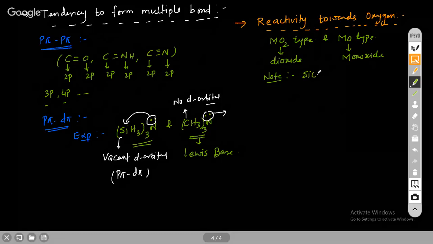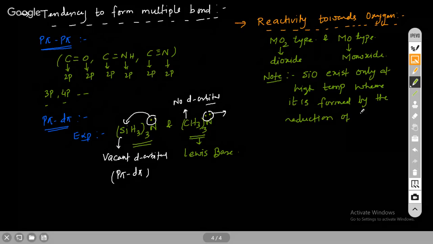SiO exists only at high temperature, where it is formed by the reduction of SiO2, the dioxide, with silicon itself.